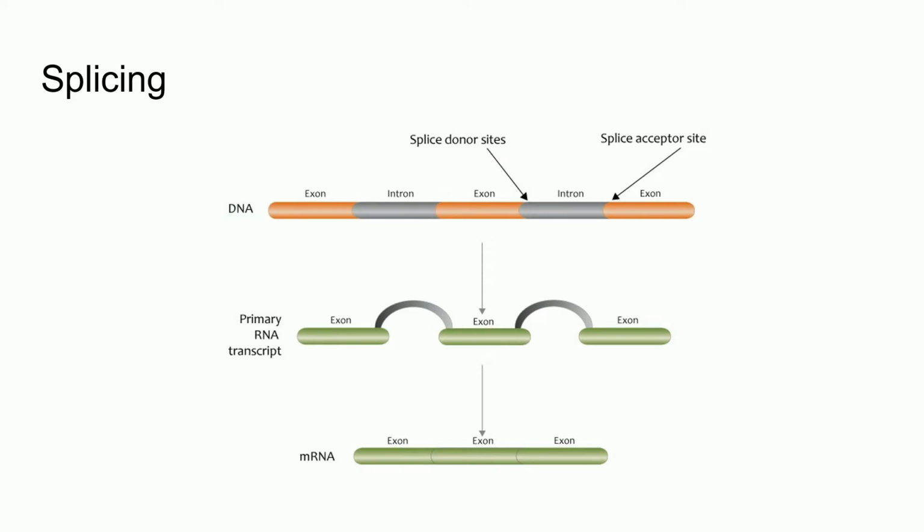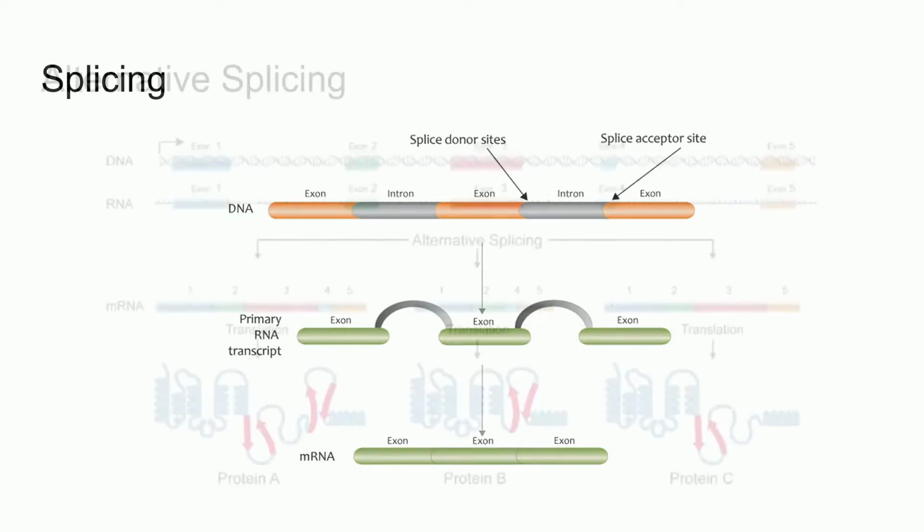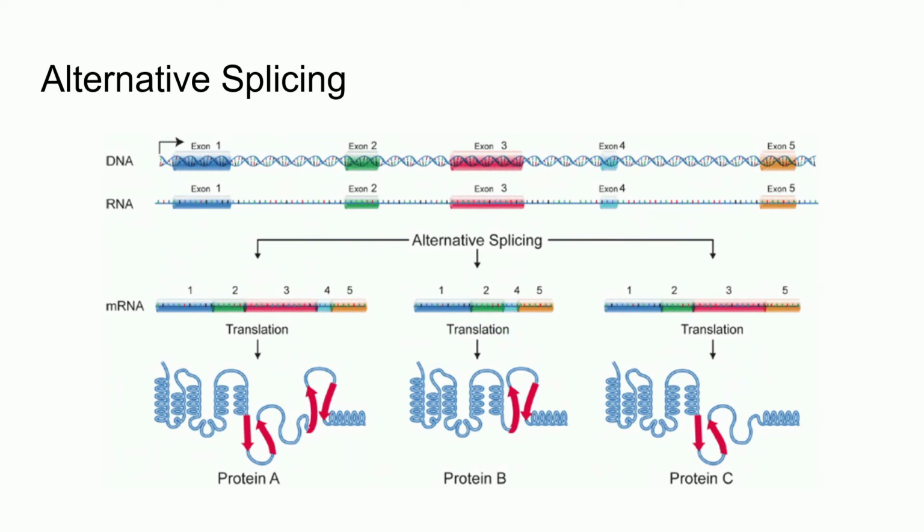Introns are also important for alternative splicing. Alternative splicing is a naturally occurring, well-regulated process that allows a single gene to encode multiple proteins with similar domains. A domain describes a functional unit of a protein.